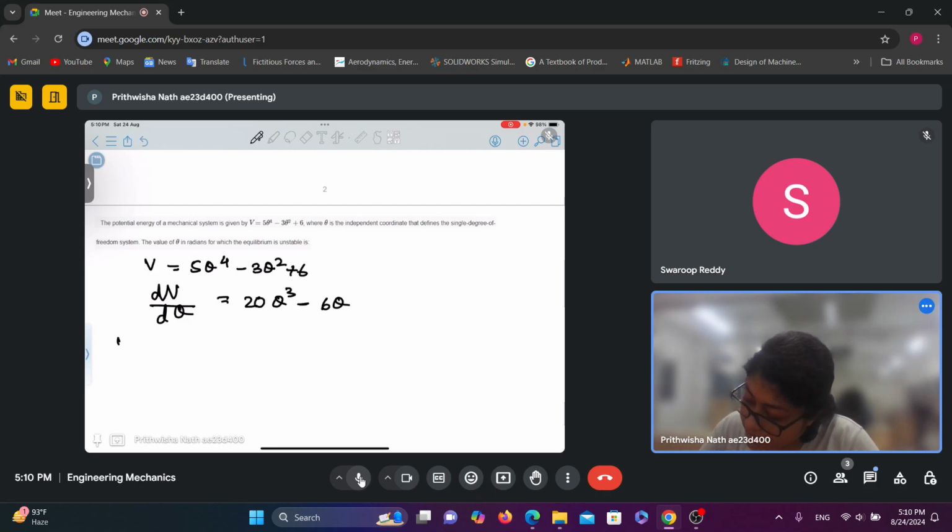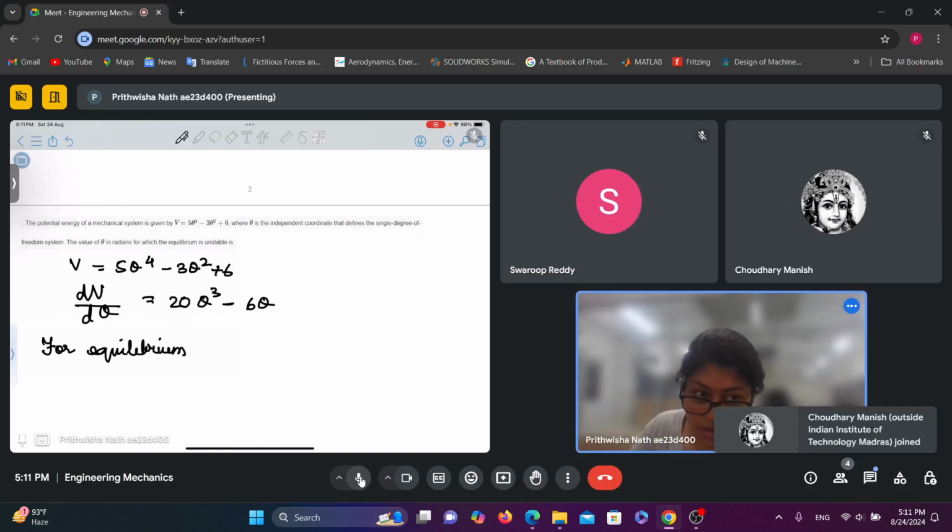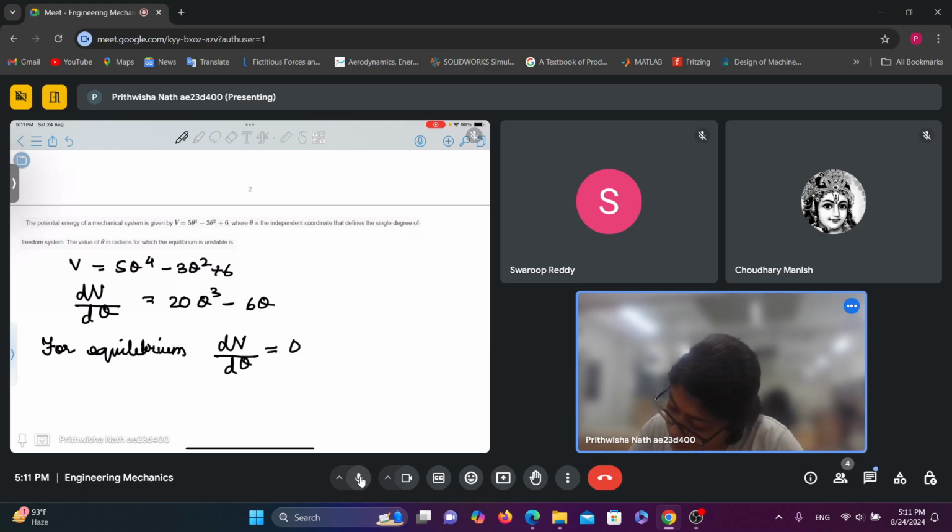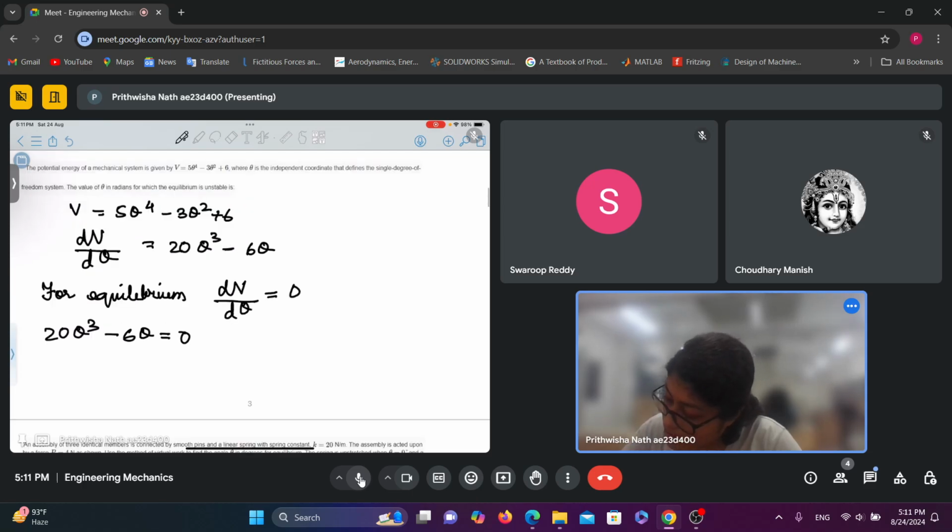Now for equilibrium, this should be equal to 0, right? So 20 theta cube minus 6 theta is equal to 0. So if I take theta common, theta times (20 theta square minus 6) equals 0.